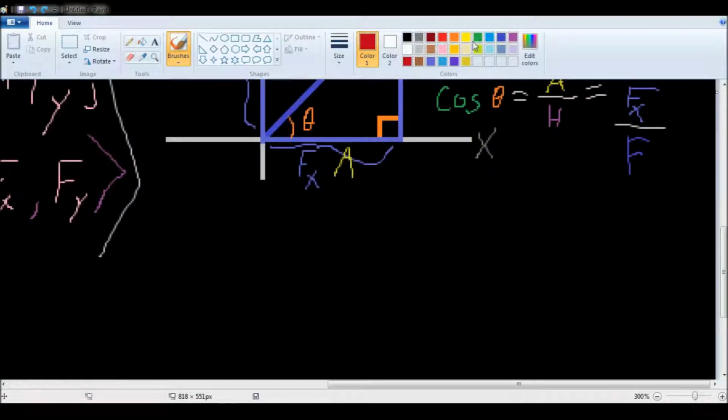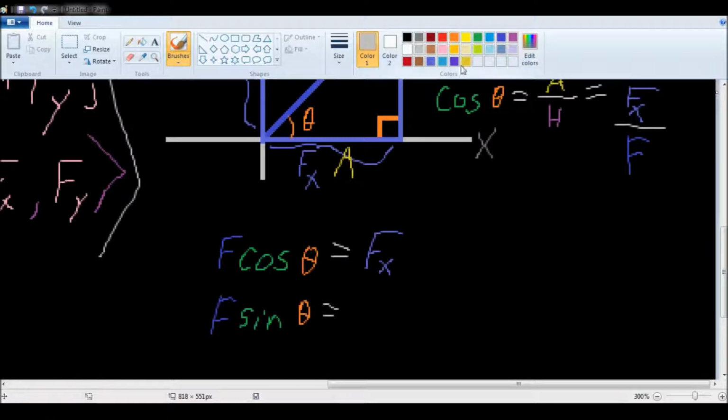So I multiply them back over, and I get F cosine of theta is equal to Fx, or F sub x. And then the sine term: F sine of theta is equal to Fy.